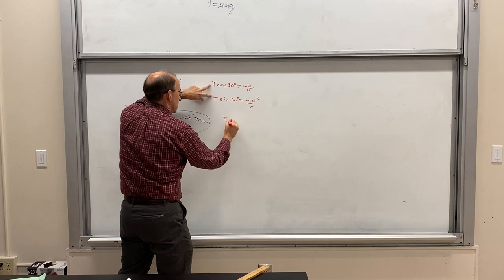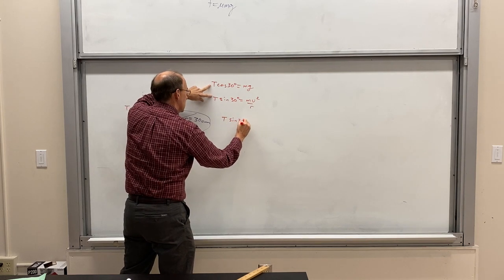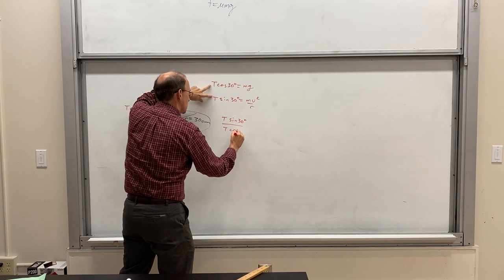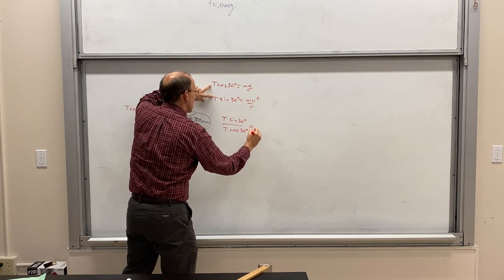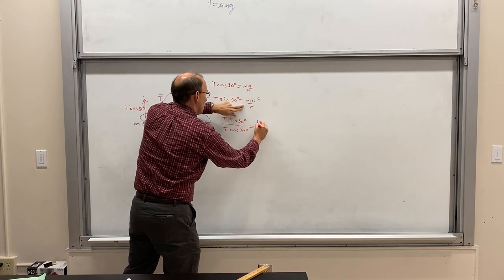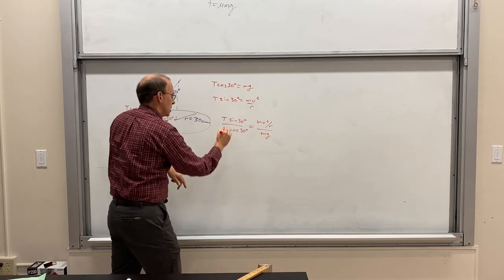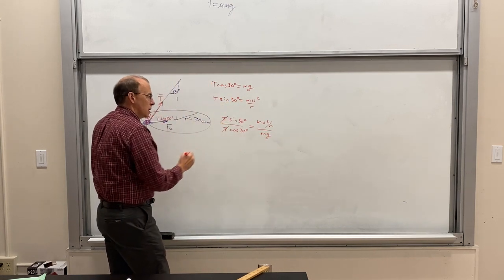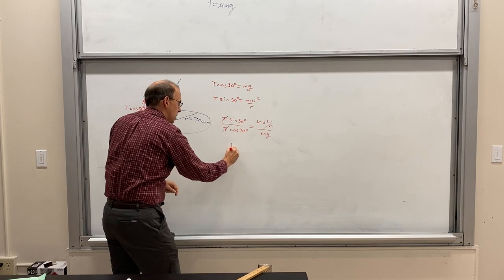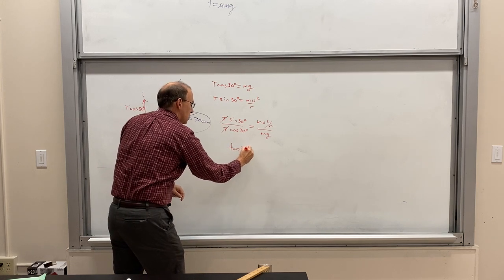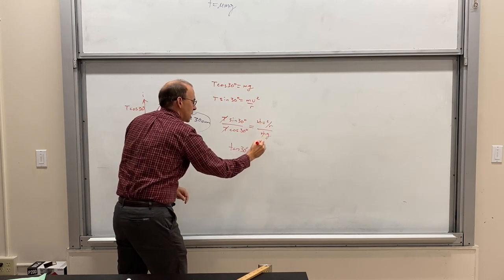So I've got T sine 30 over T cosine 30 equals mv squared over r divided by mg. The T's cancel. Sine over cosine is tangent. I've got tangent 30. The m's cancel.